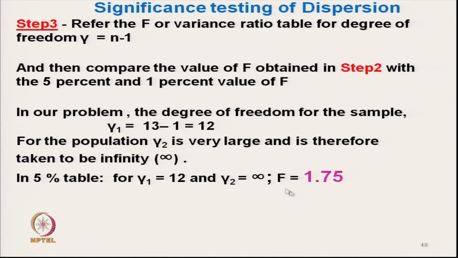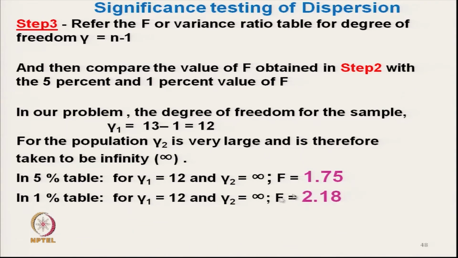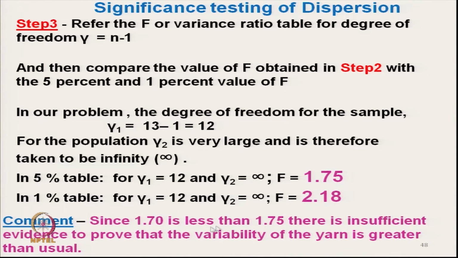F is 1.75 at 5% as we have seen from the table, and 2.18 for 1% level, and our calculated value is 1.7, which is less than 1.75. That means there is insufficient evidence to prove that variability is there.